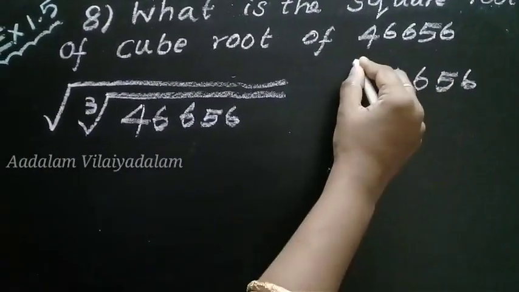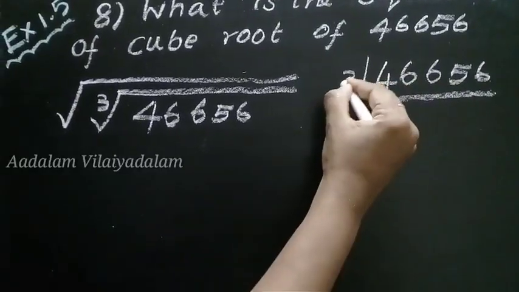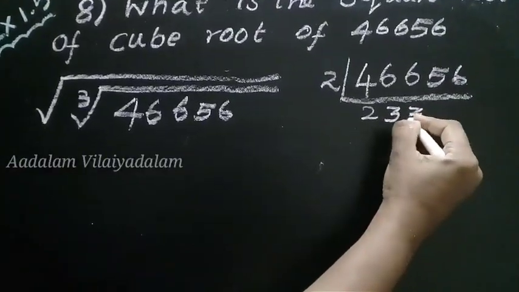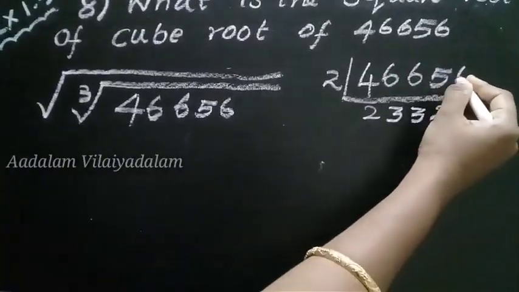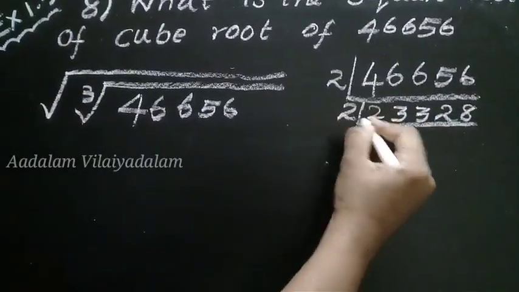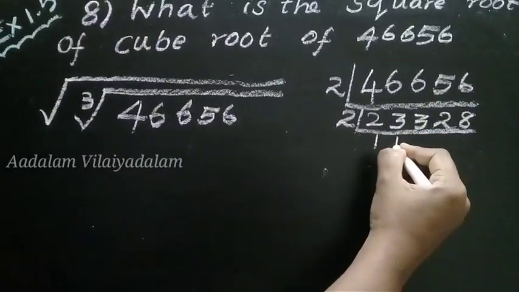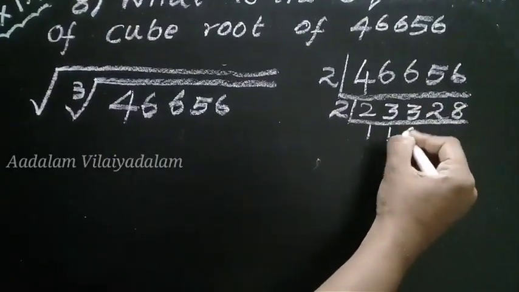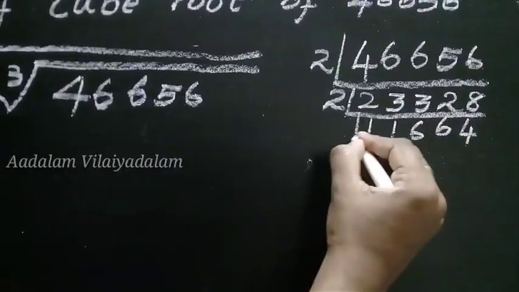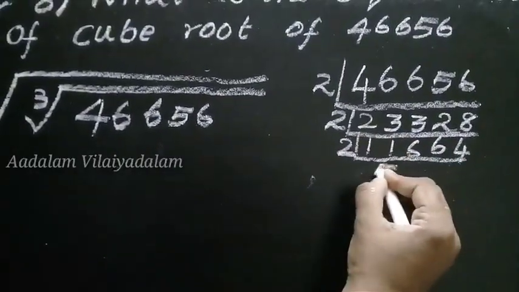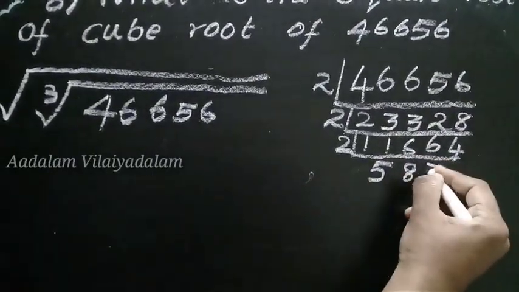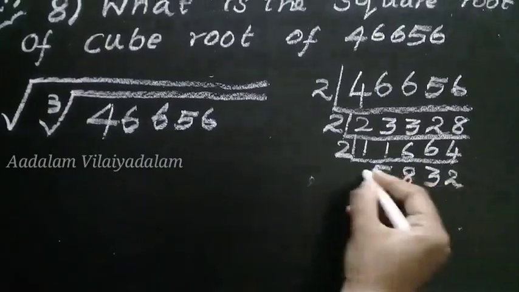46,656. The last number is even, so 2 table. 2 2s are 4, 3 2s are 6, 3 2s are 6, 2 2s are 4, balance 1, 8 2s are 16. So 2 table, 1 times, 1 2s are 2, balance 1, 13, 6 2s are 12, again balance 1, 6 2s are 12, 4 2s are 8. 2 table, 5 2s are 10, balance 1, 16 here, so 8 2s are 16, 3 2s are 6, 2 2s are 4.